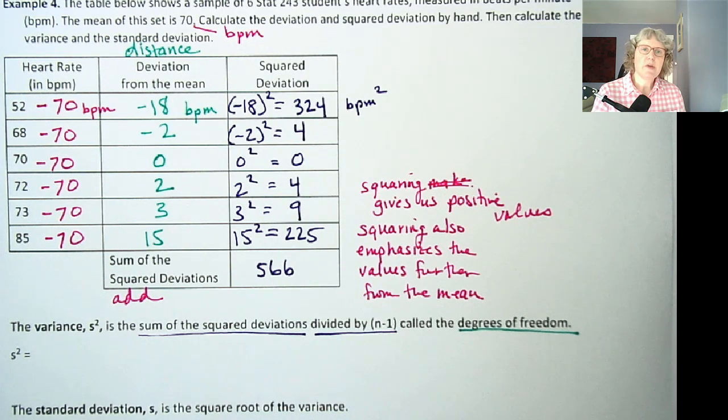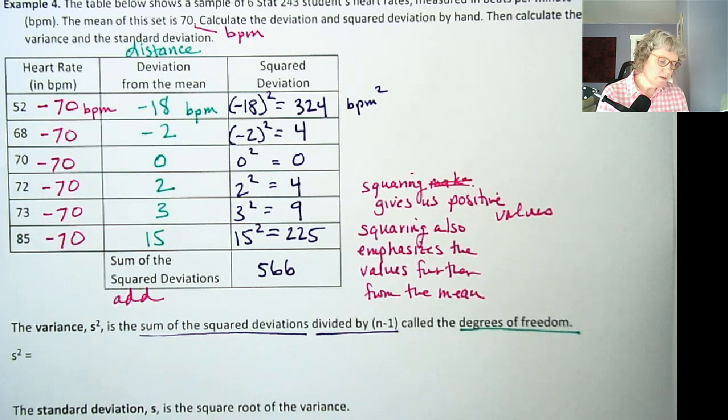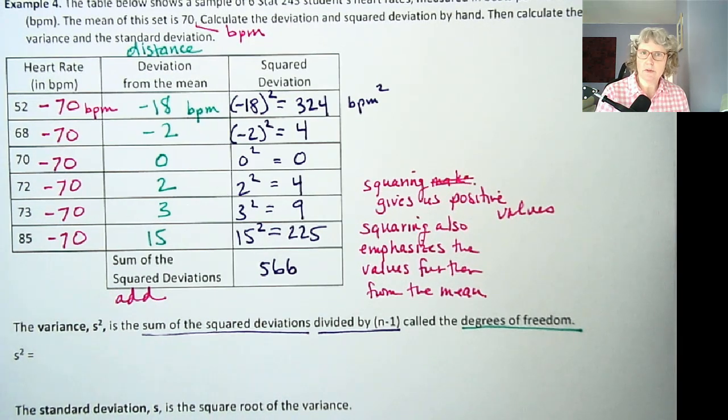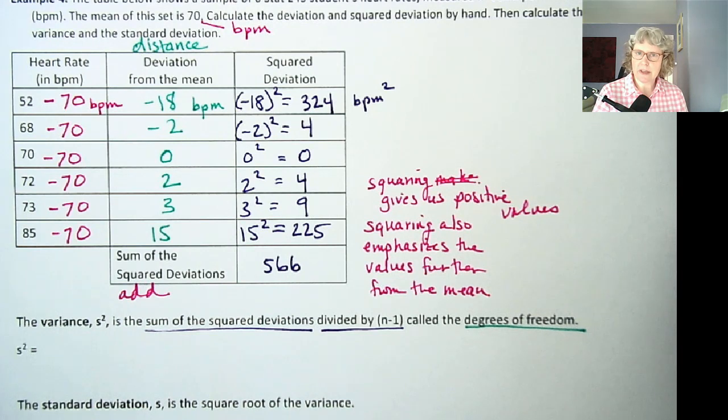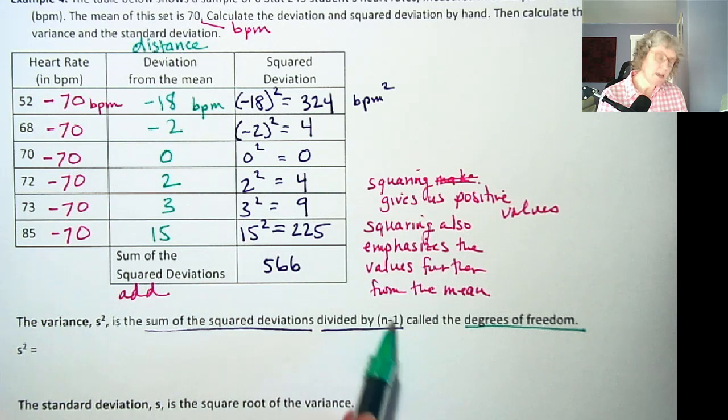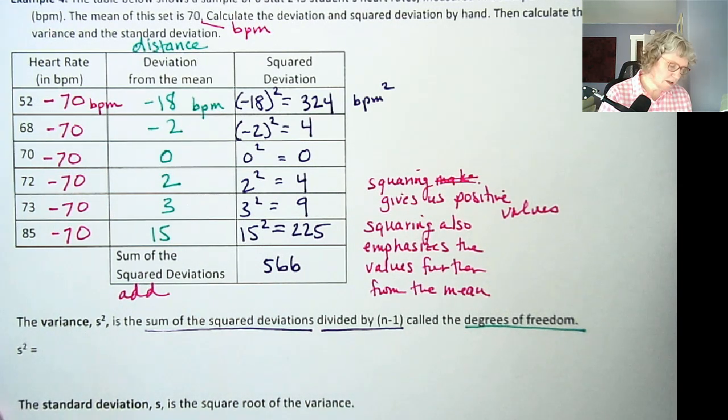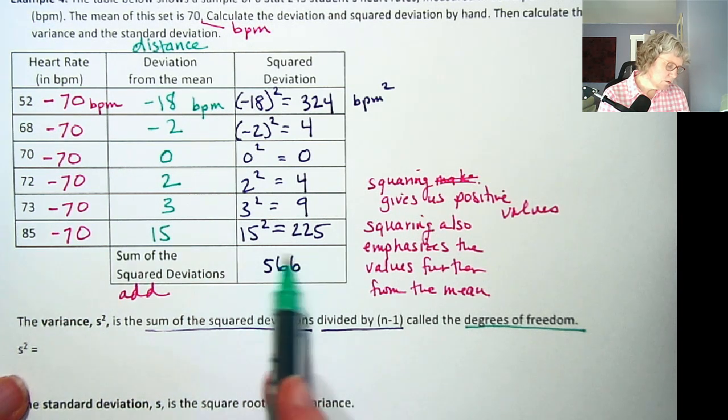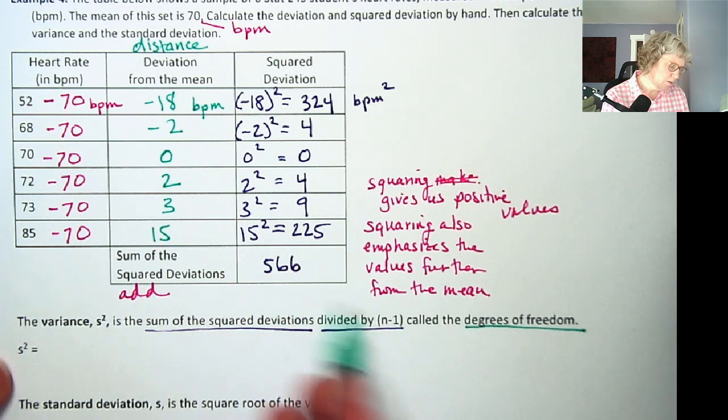In that case, it was really only choosing one. There's one choice to make, and then the other one was fixed. So the idea is if you've decided all the values, the last one is fixed. So degrees of freedom is n minus 1. It's a difficult thing to explain. You won't have to explain it. You'll just have to use it.